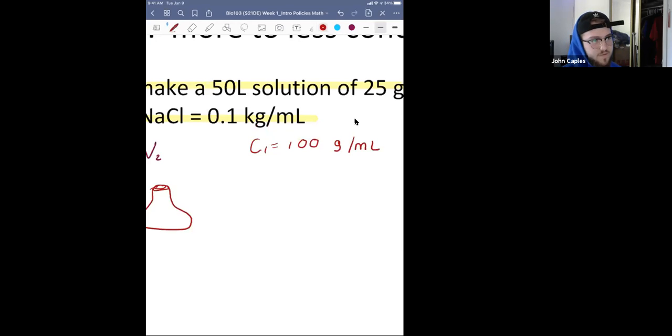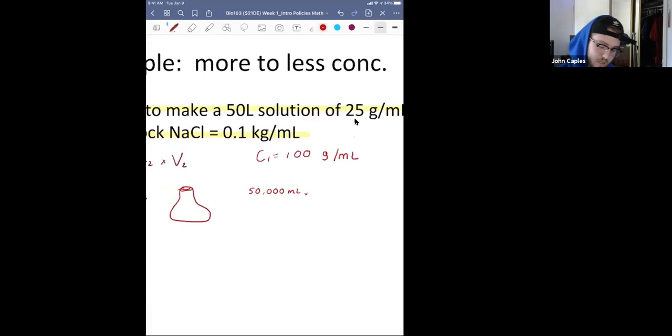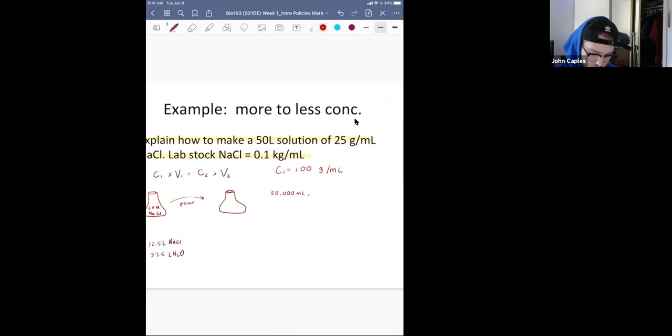So we would convert 50 liters to milliliters, which would be 50,000 milliliters. And then we multiply that by our solution amount, which would be the 25 of NaCl. So 50 milliliters times 25 grams per milliliter would give us 1,250,000 grams per liter or per milliliter.